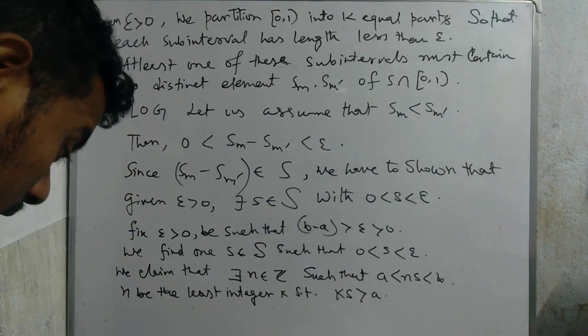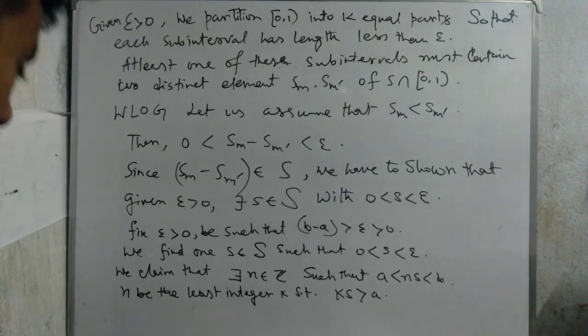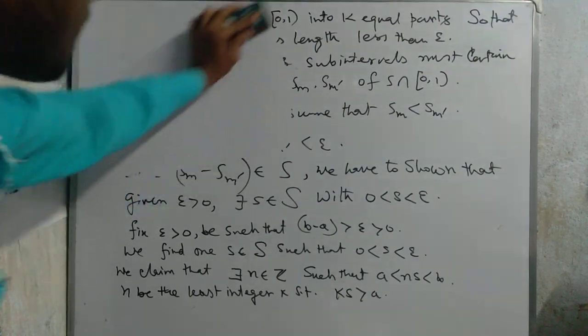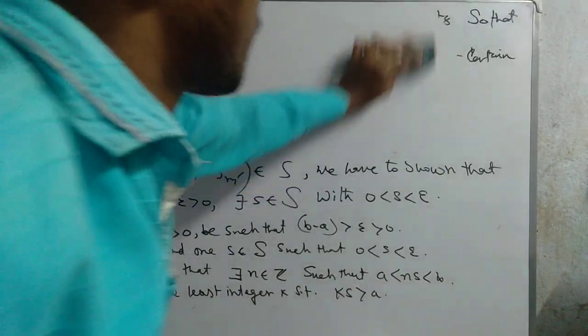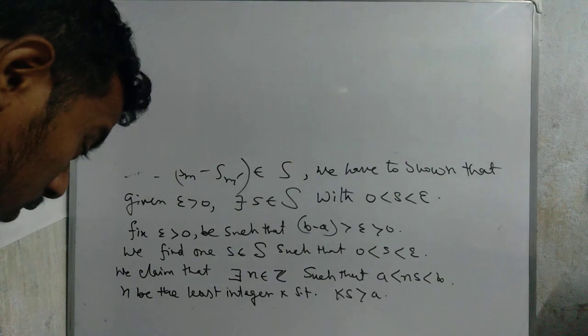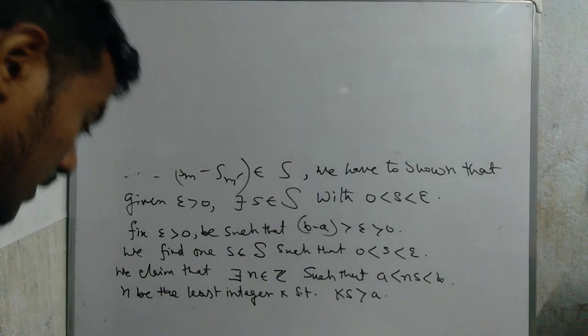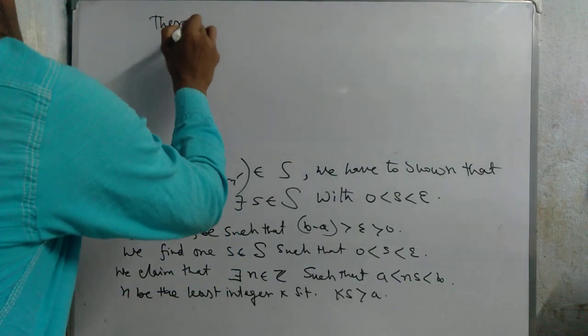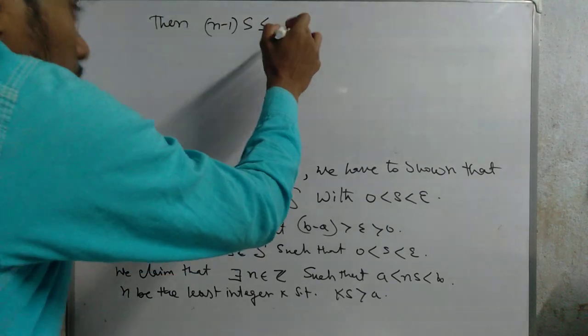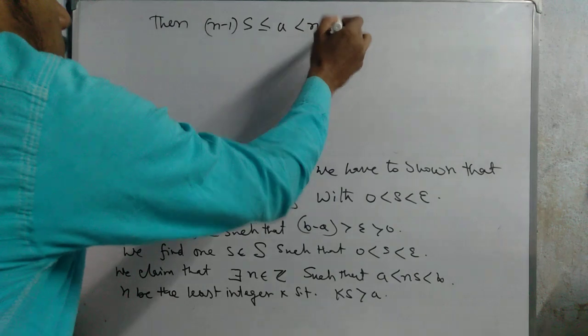Then n minus 1 times s is less than or equal to a, which is less than ns.